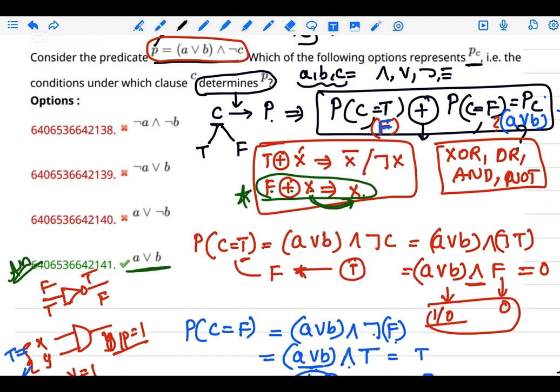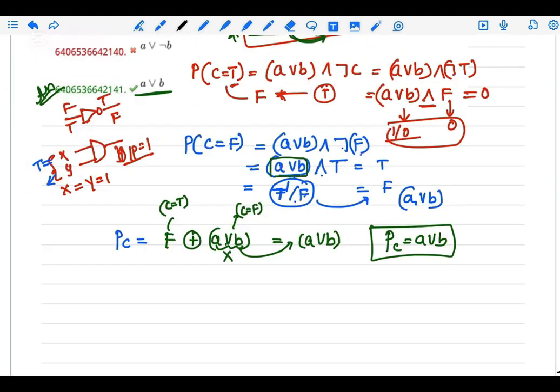Friends, the result depends on A or B. If A or B is true and true, it becomes true. If A or B is false and true, the output is false, because of the AND gate. How does the AND gate work?